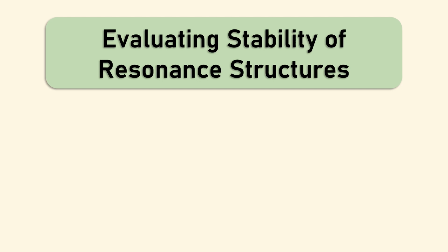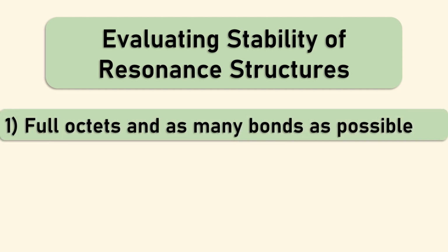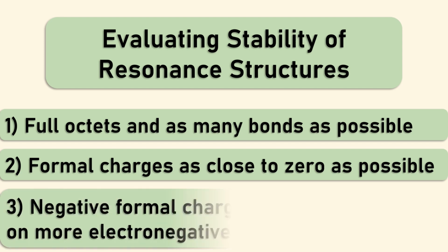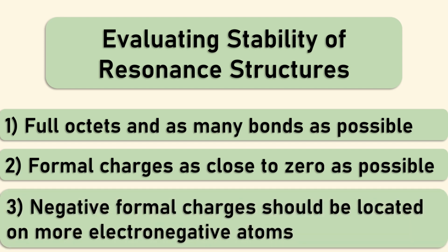First, structures are most stable when there are full octets and as many bonds as possible. Second, structures are most stable when the formal charges are as close to zero as possible. And third, if there are negative formal charges, they should be located on more electronegative atoms.